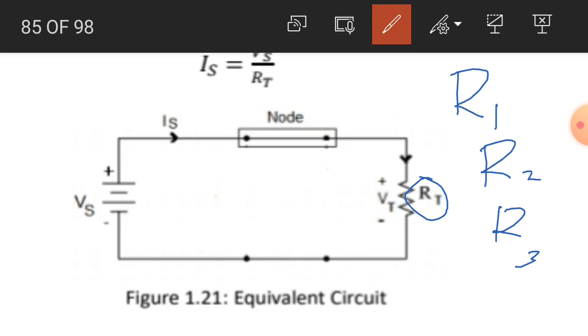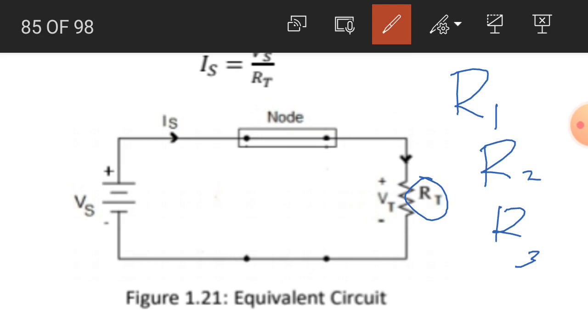And we assume that the resistance of the single resistor is equal to the total resistance of the parallel circuit. So the parallel circuit is your circuit number 1 and this equivalent circuit is your circuit number 2.